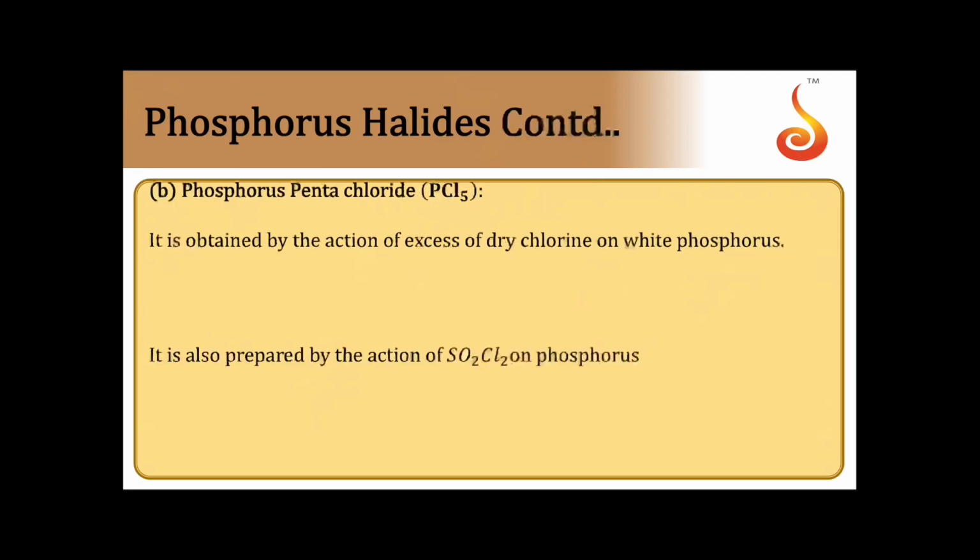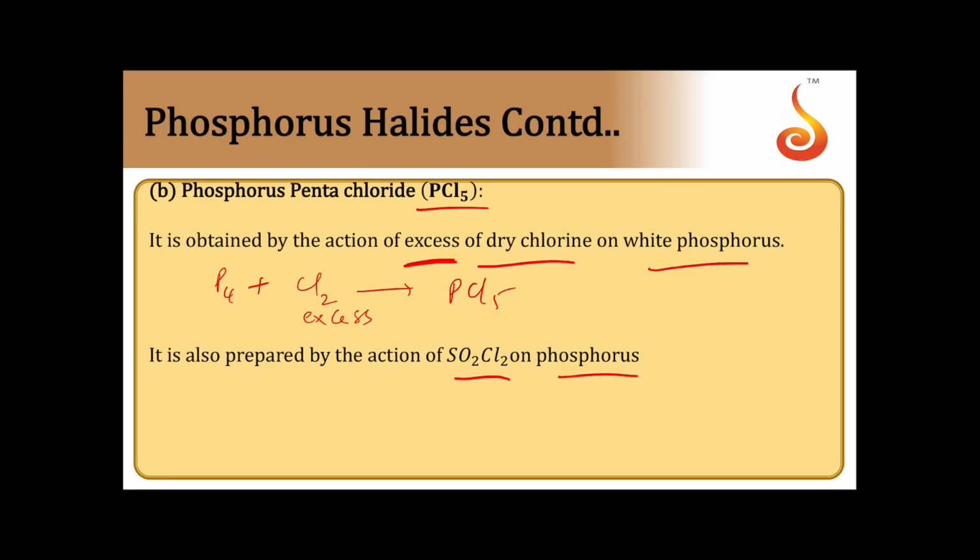Regarding pentahalide preparation, PCl5 is again obtained by passing dry chlorine gas over white phosphorus, and the chlorine must be in excess. So P4 plus excess Cl2 gives PCl5. It is also prepared by the action of SO2Cl2, sulfuryl chloride, on phosphorus, not SOCl2.